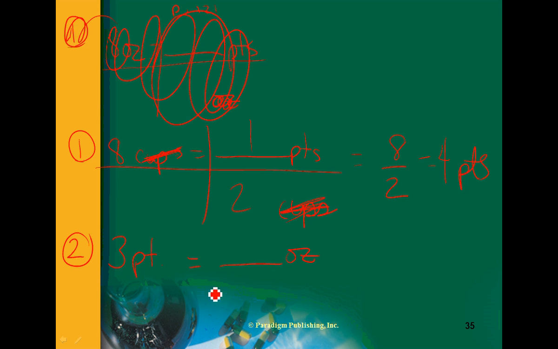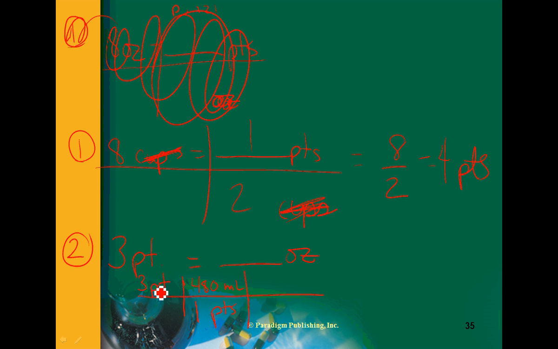So I'm going to put the cross down here. Okay. So if we know we have the 3 pints, and we have pints up here, we have to have pints down here. Okay. And we know that 480 milliliters equals 1 pint.